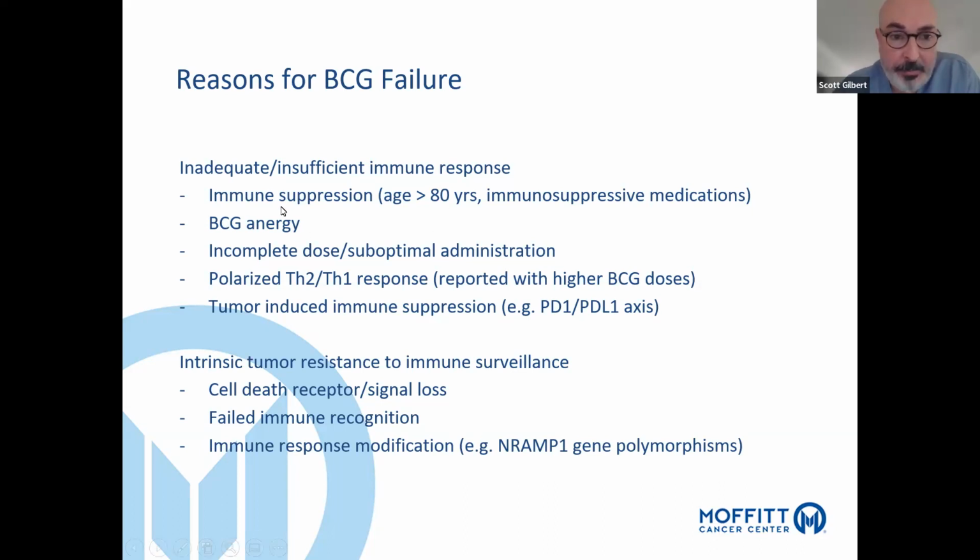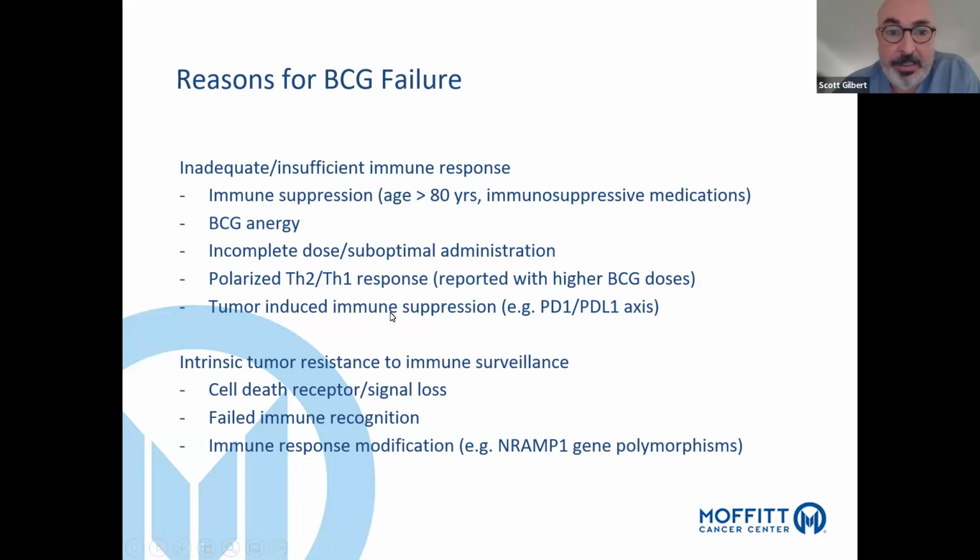There's naturally inborn allergy to BCG in some patients. There's incomplete dose and suboptimal administration that can be related to how it's administered or whether the patient can hold the medicine for the full time. It's the most common reason.